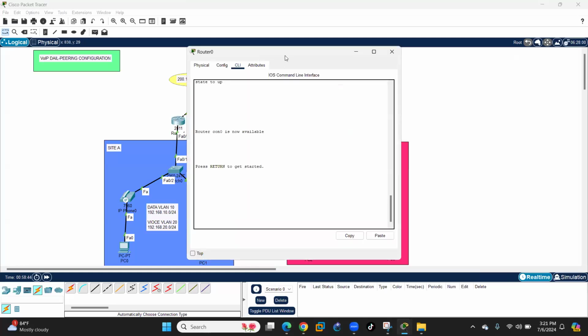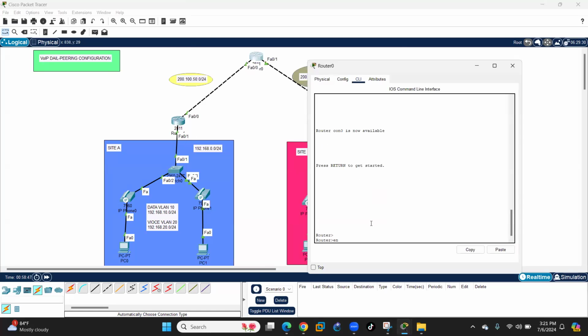Our ISP router: enable, config t, router OSPF 20, router ID 2.2.2.2, network 200.100.50.0, wildcard mask 0.0.0.255, area 0.